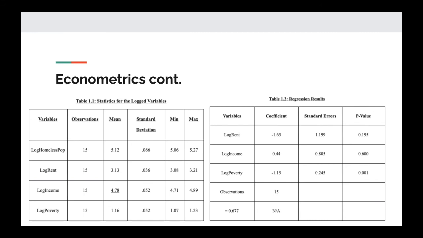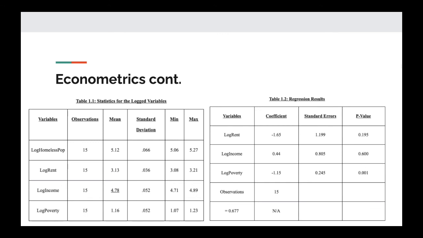We found that a 1% increase in the poverty rate would create a 1.15 decrease in the homeless population, which kind of goes against what we see in society already. This kind of goes against popular belief as it stands.